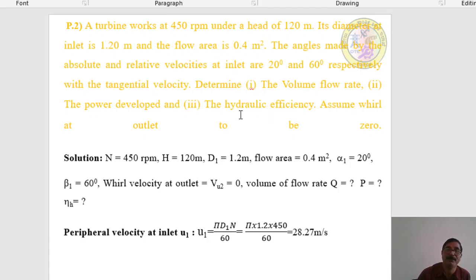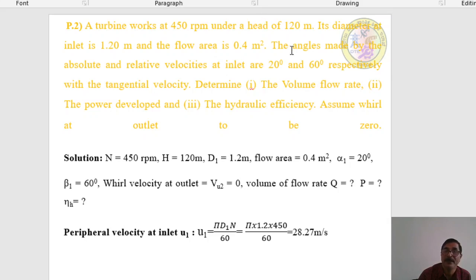Now read the problem and list out the given data. The turbine works at 450 rpm. The speed of the turbine N is given, head H value is given, and diameter at the inlet D1 is 1.2 meters, and flow area at the inlet is 0.4 meters square, which is required to calculate discharge.